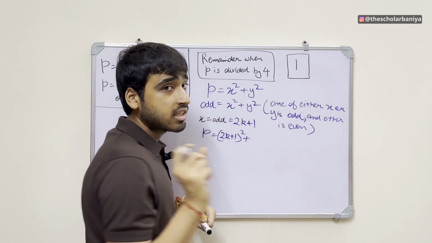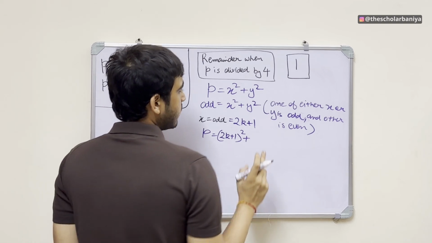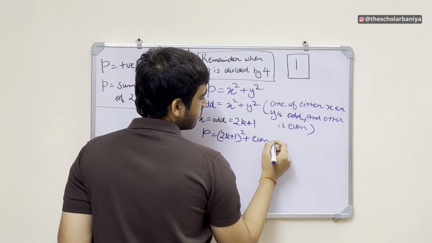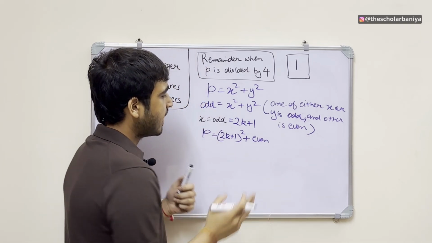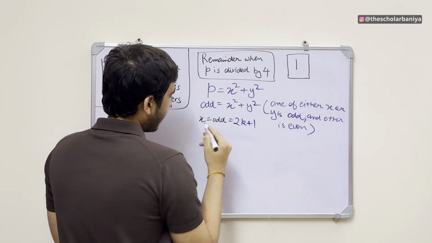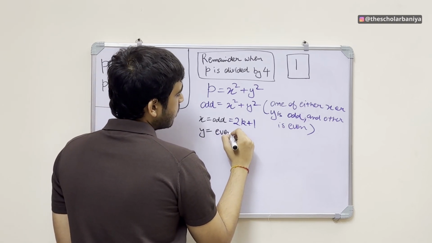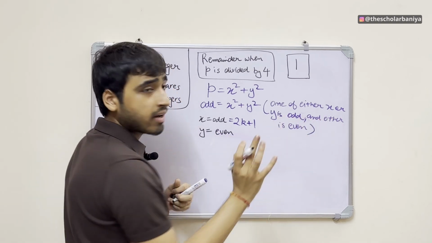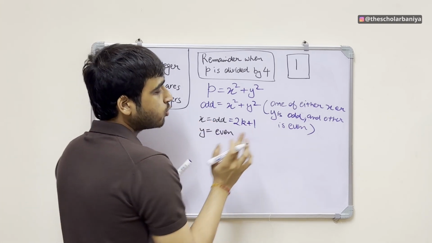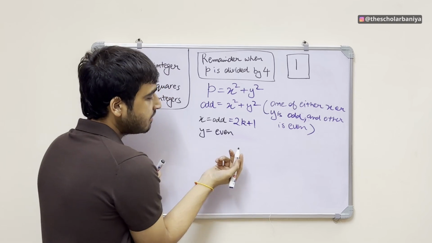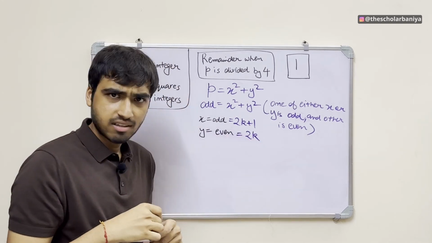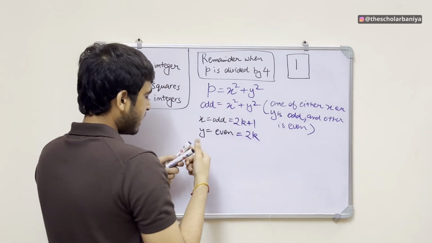And what is y? y is even, because what did I say? One of them is odd, one of them is even. So I assumed x is odd, so I can write x as 2k plus 1. And I assume the other one is even, obviously, if one is odd. So I can write y is equal to 2k, right? This should be fine. Now let's try and solve this.